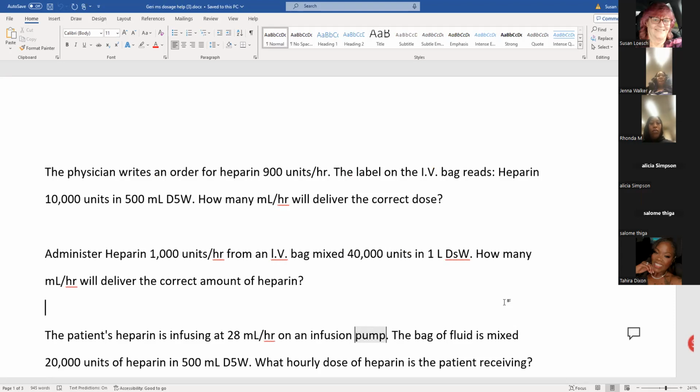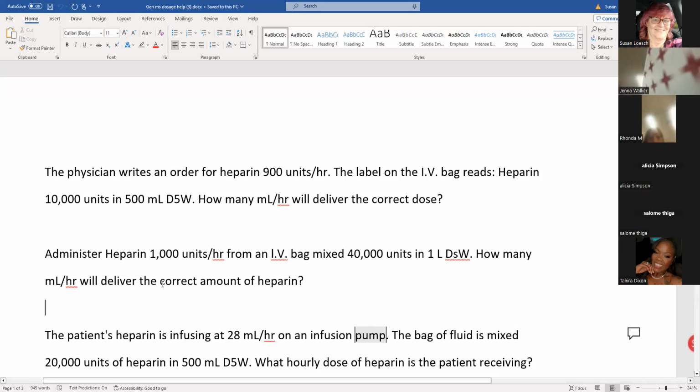Okay, let's look at the second one here. Again, it's saying how many mLs will deliver the correct amount of heparin. Well, the correct amount of heparin is your what? This means the same thing as what?